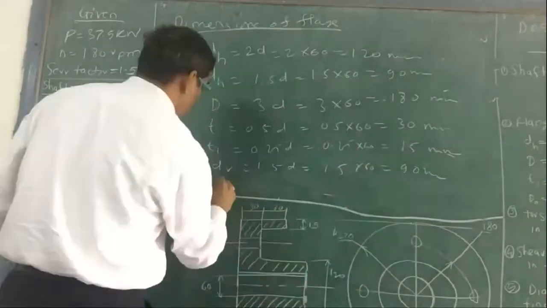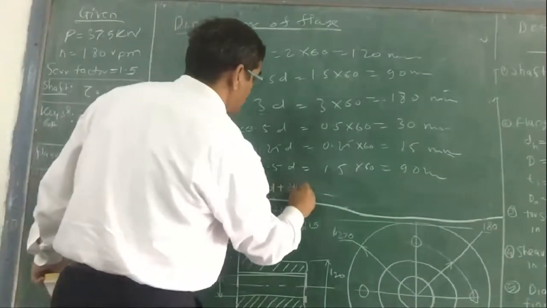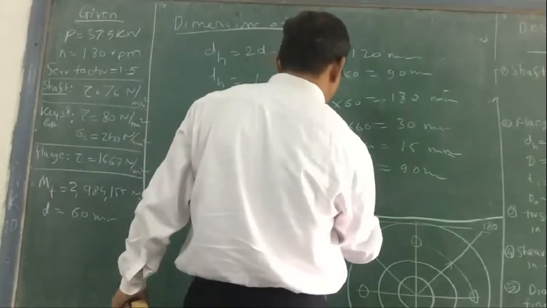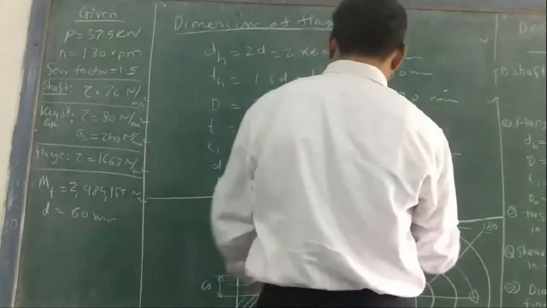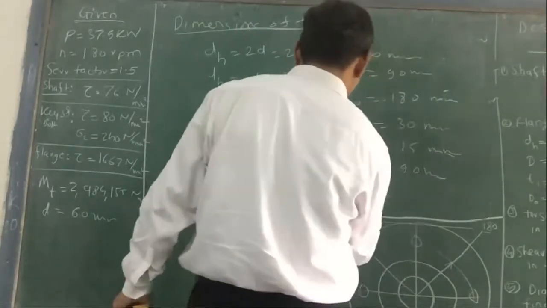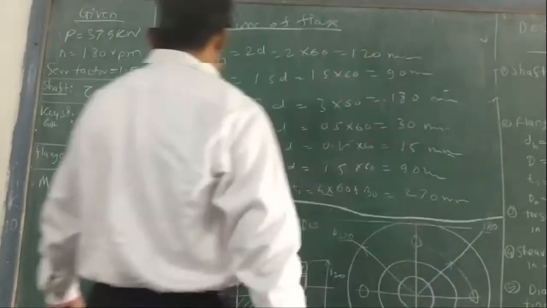And D0, the outside diameter of the flange, is 4D plus 2 T1. 4D is 4 into 60, plus T1, how much have we got? 15, so 30. So this is 240 plus 30, so 270 mm. Okay, so let me write this down.